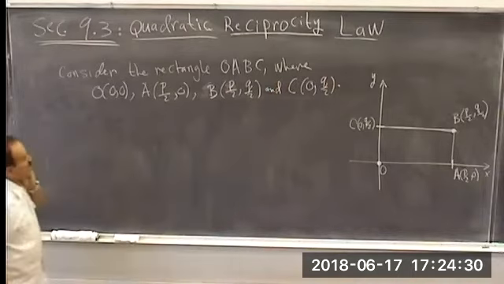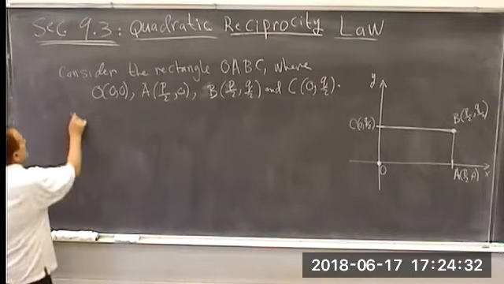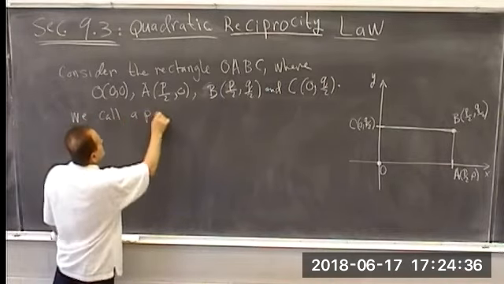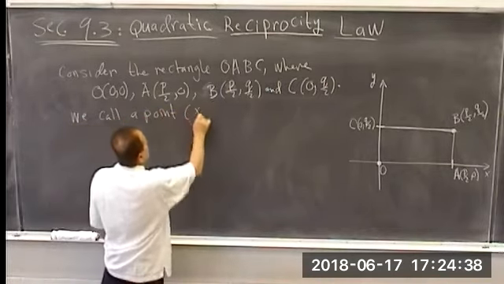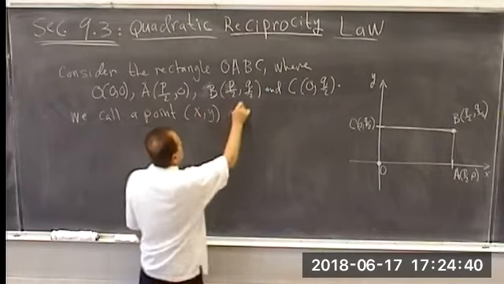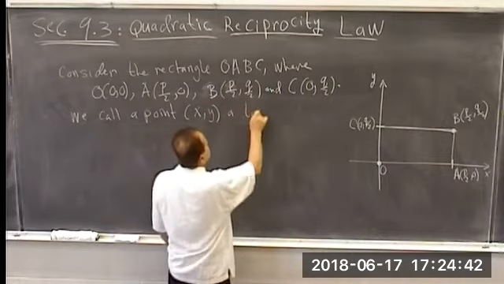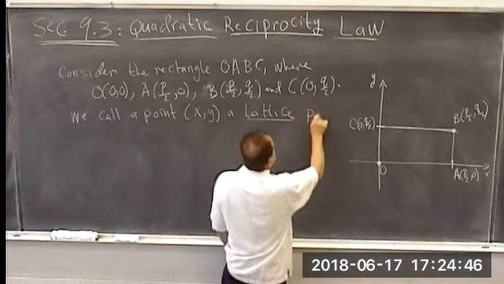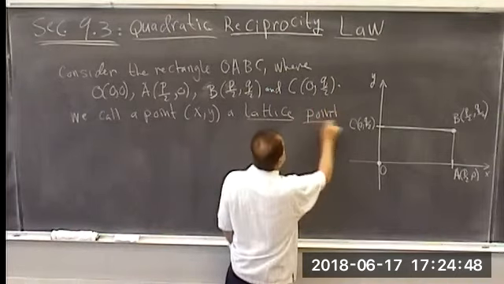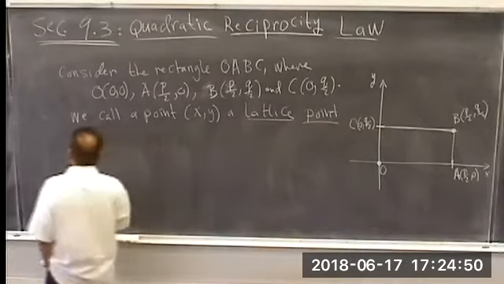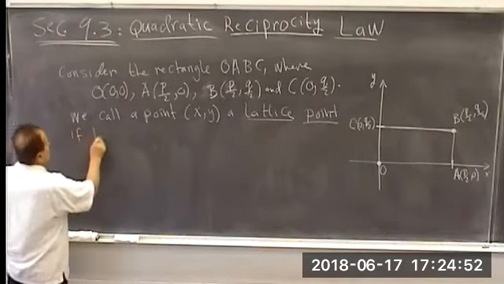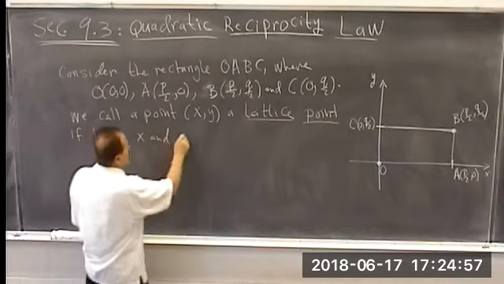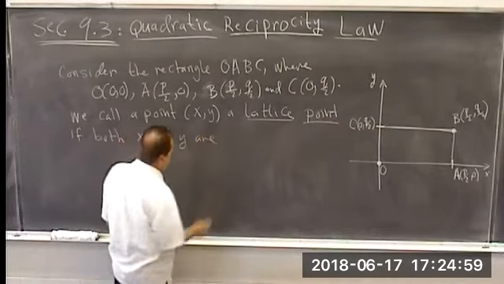Let me define this concept. We call a point x, y a lattice point if both x and y are integers.